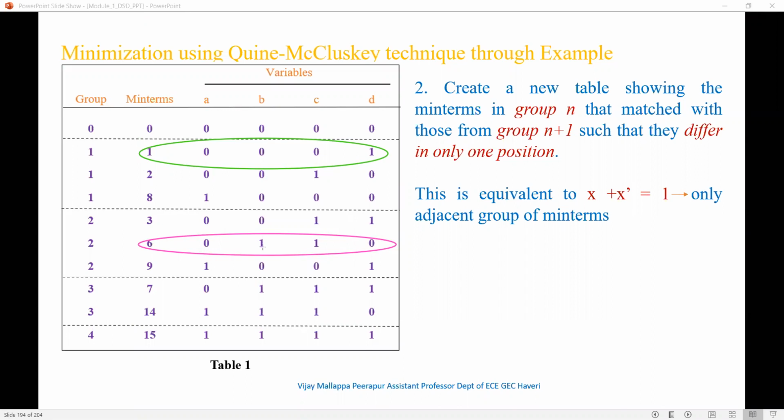It is 0 here, it is 1. It is 0 here, it is 1. It is 1 and 0. Right? There are 3 position differences. So we cannot combine these two min terms. And this is how you need to keep on checking whether we can create a group of min terms or not. If not, don't include that. Only write the min terms where we can eliminate the variables in the next table.